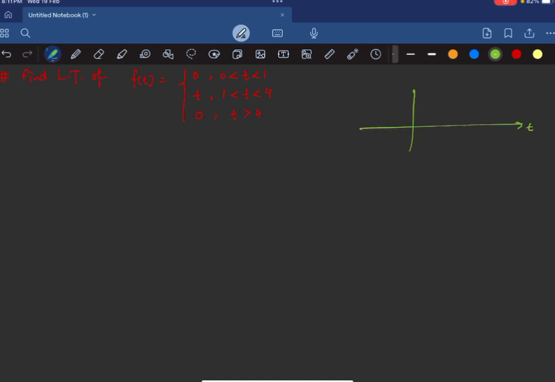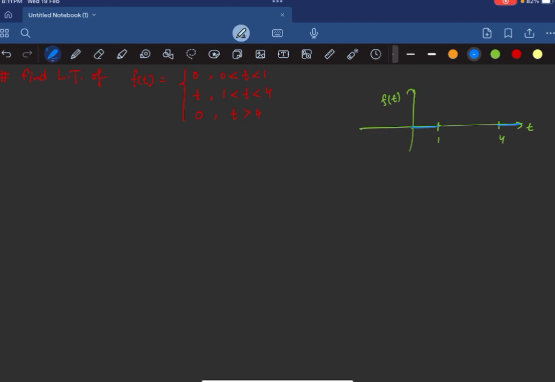Suppose this is the t axis and this is the f(t) axis. Here 0 to 1, and here 1 to 4. From 0 to 1 the function value is 0, and from 4 onward the function value is 0.